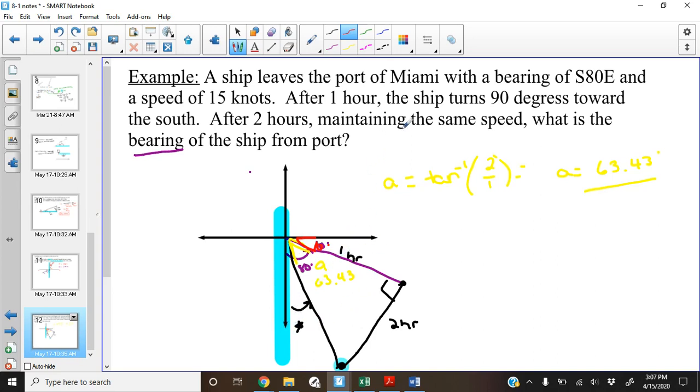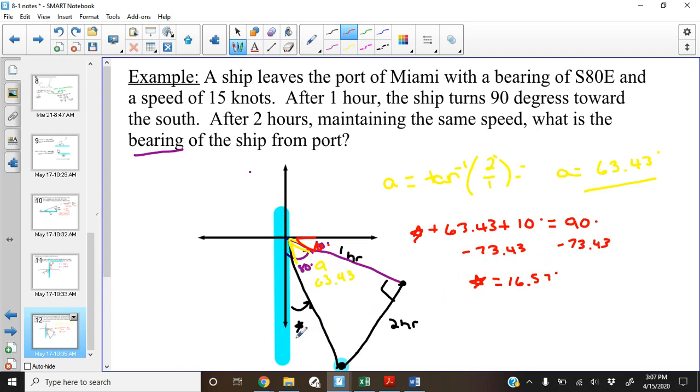That means that the starred angle plus A, which was 63.43, plus 10 degrees will equal 90. So we can simply add those together and then subtract it from 90. So we subtract 73.43 from 90, and we get that that starred angle there is 16.57 degrees.